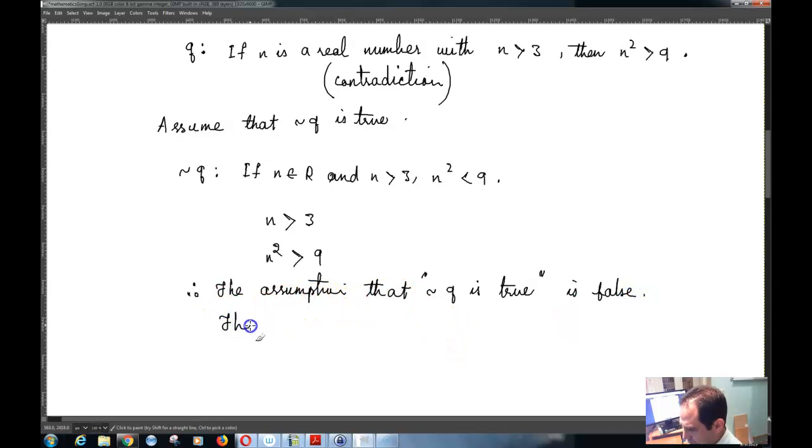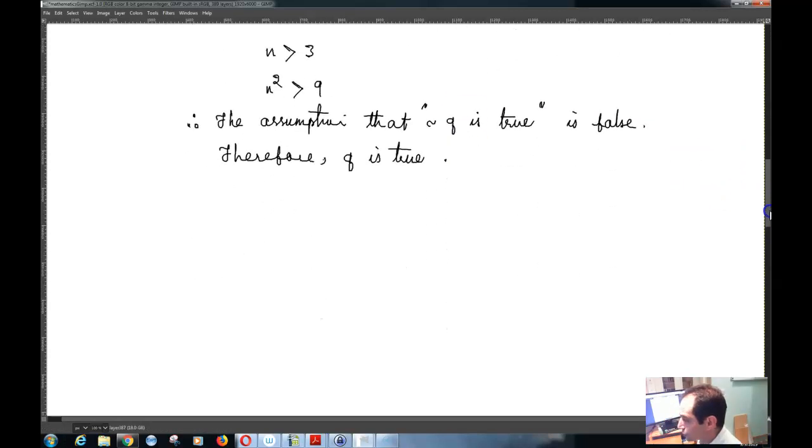Therefore, when not Q is true, basically when this statement is false, that means that Q is true. Therefore, Q is true. Okay, so that's basically how you can prove this.